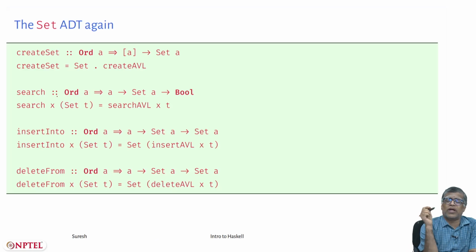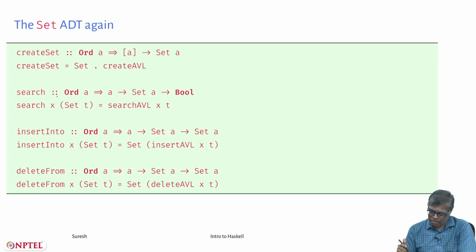Search for x in a set T is nothing but search AVL for x in T. Inserting x into a set T is nothing but the set wrapper provided around insert AVL of x into t. Delete from is similar. Delete from of x from set t is nothing but the set wrapper put around delete AVL of x t. Okay.